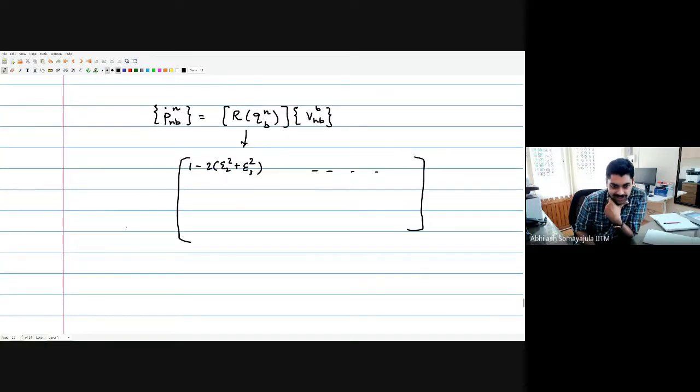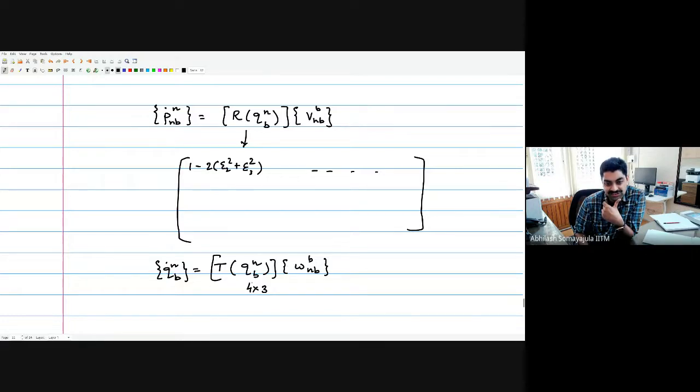We also looked at the idea that the rate of change of the quaternions with time can be related by the T matrix, which again depends on the quaternion, times the angular velocity of the body in the body fixed frame. Notice, however, that this is a 4 cross 3 matrix in order to be consistent.